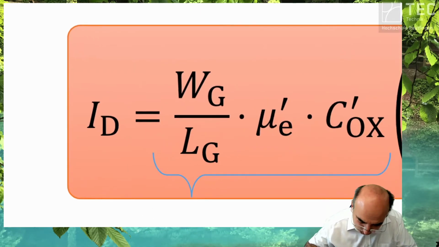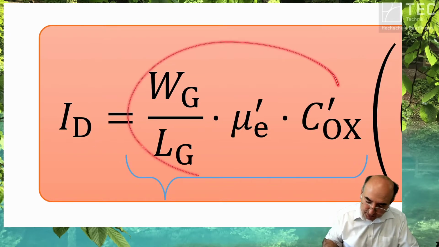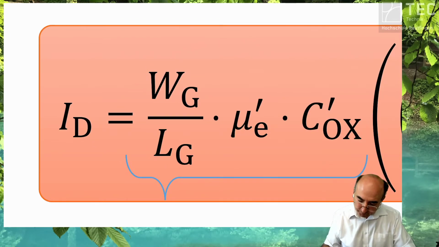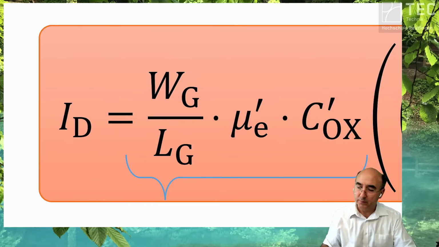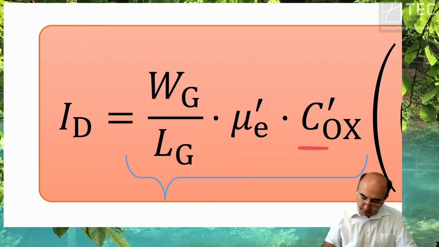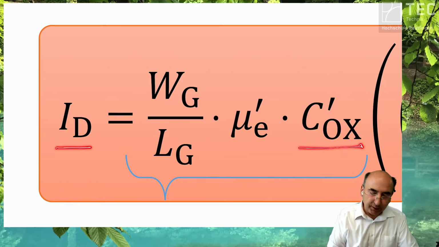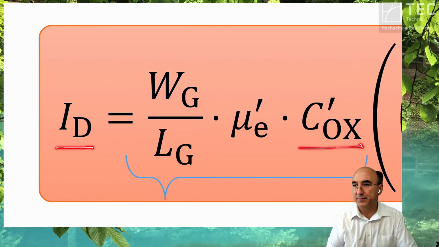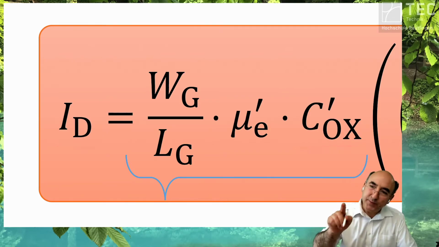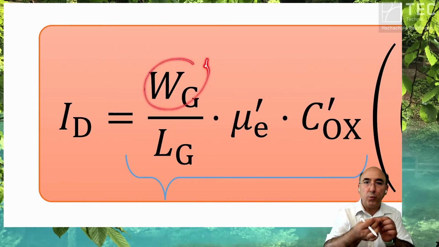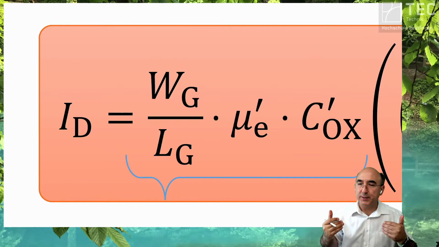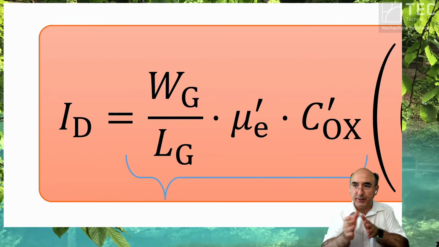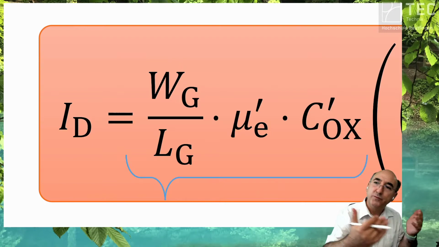So let's take a closer look at this transconductance parameter. If you make your oxide thinner, then the capacitance increases and your current increases. If you make your transistor wider, then you can understand it by looking at it: the motorway is getting wider, you have more current, for sure.